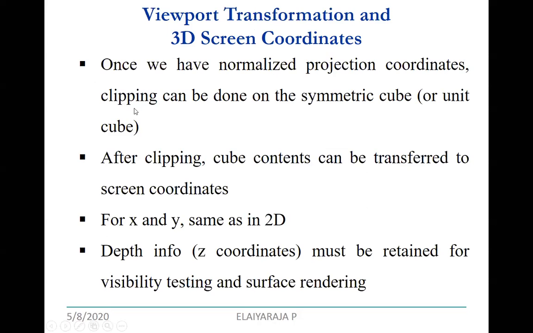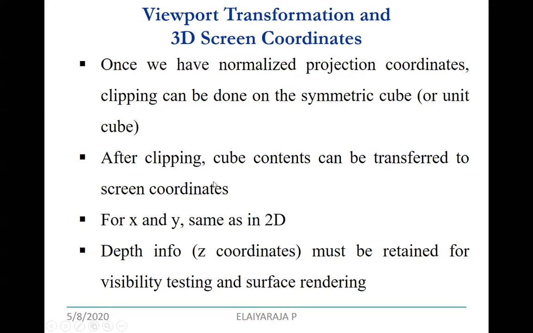You will consider 6 values here, whereas in 2D clipping we consider 4 values: x window minimum, maximum, y window minimum, maximum. Here we also consider the depth value z, near or far. So clipping can be done on a symmetric cube, which will be viewed through your screen coordinates. After clipping, the cube contents can be transferred to the screen coordinates.